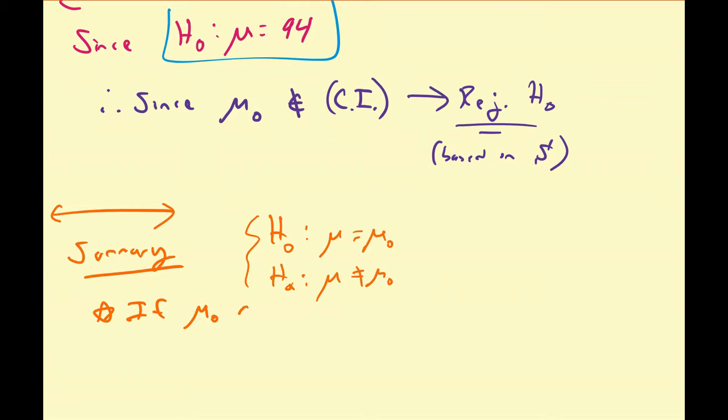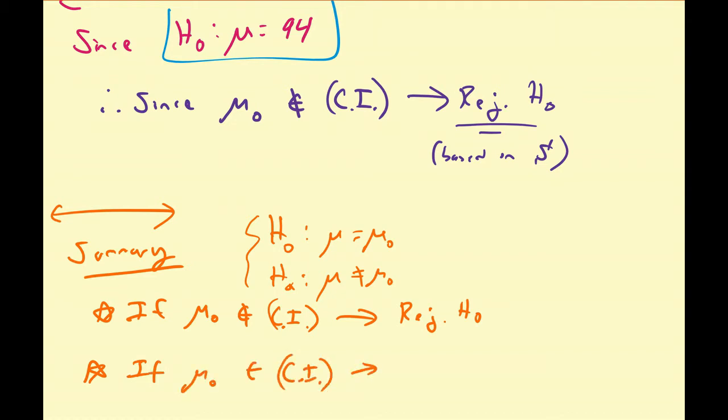If mu0 does not belong to the confidence interval, then you're going to reject the null hypothesis. And if mu0 does belong to the confidence interval, that means you don't have evidence against what they say, because your sample actually agrees with what they say. So we're going to fail to reject the null hypothesis.